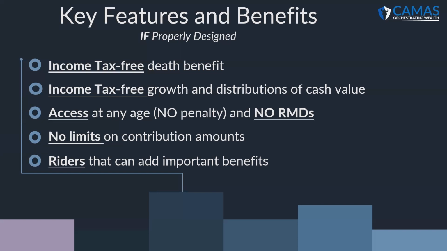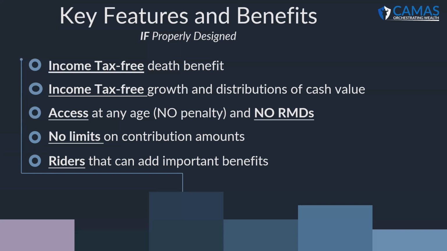You can have chronic illness benefits or critical injury benefits. These are riders that help you not only if you have a policy that has cash value you can access, but these riders can be added even to a term policy, so that if you need that, you can accelerate that death benefit and use it now to take care of those needs that have come up.